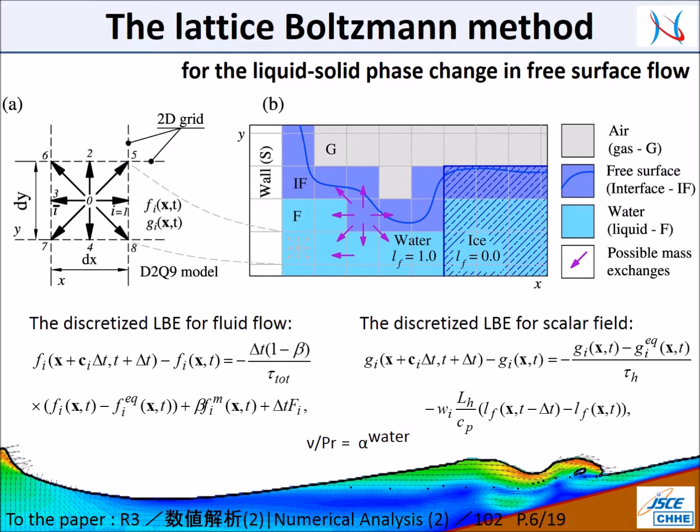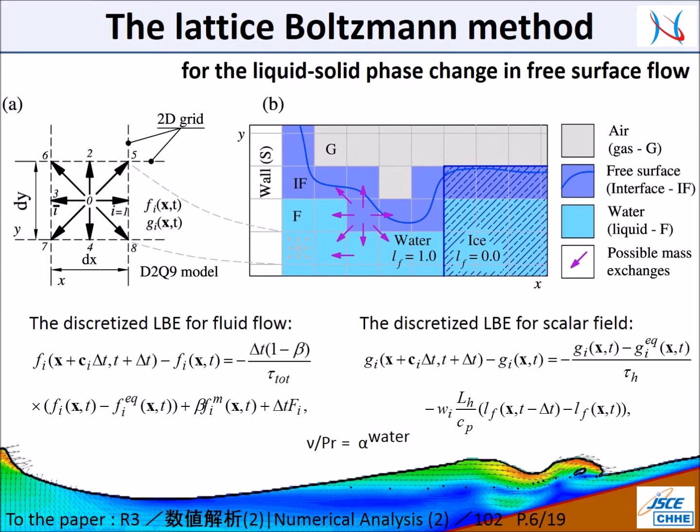In the figure you can see the D2Q9 lattice arrangement, and in figure B you can see the grids, where each grid is indicated by material: solid, wall, gas, interface, and fluid. Free surface is represented by interface cells.